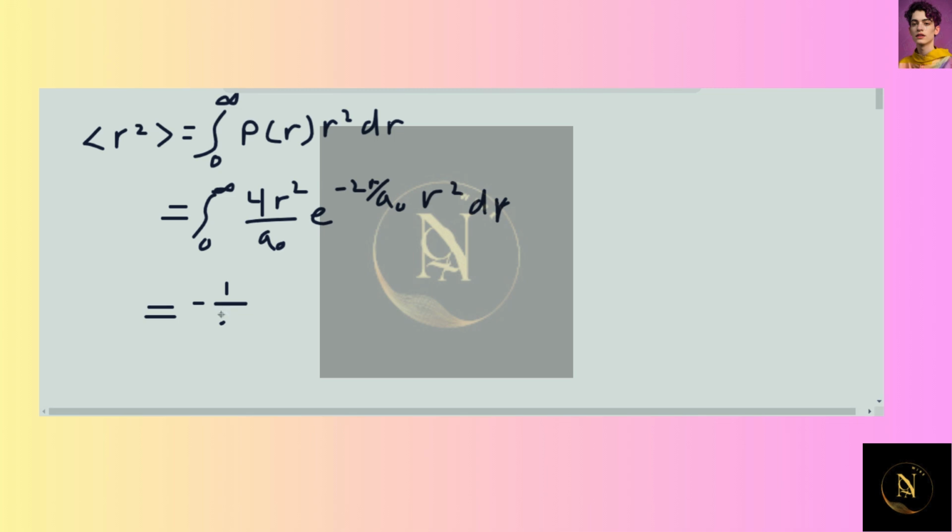So this is negative 1/8 a naught to the fourth pulled out front, bracket.